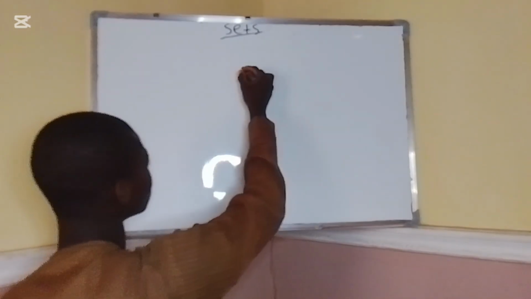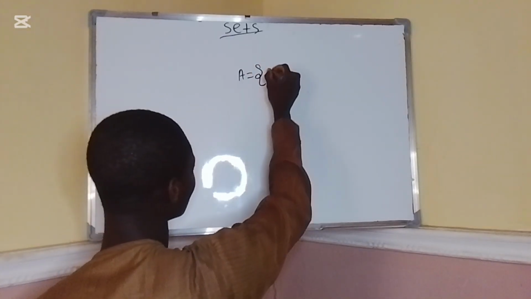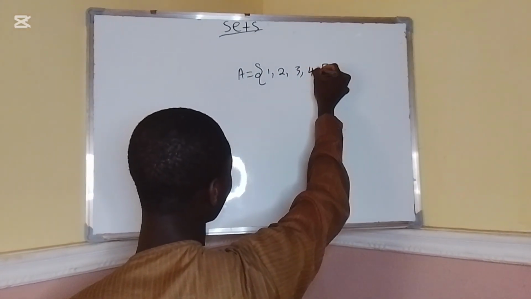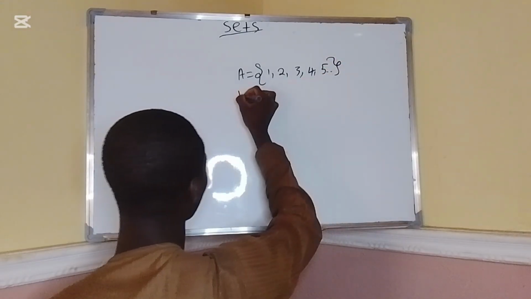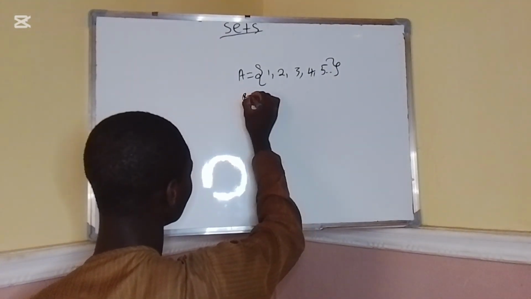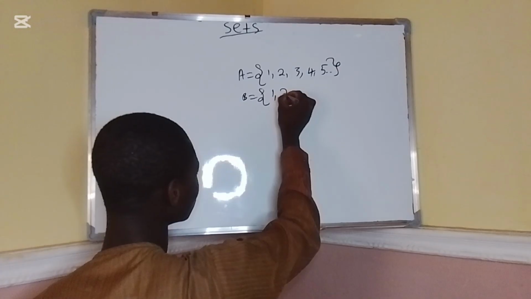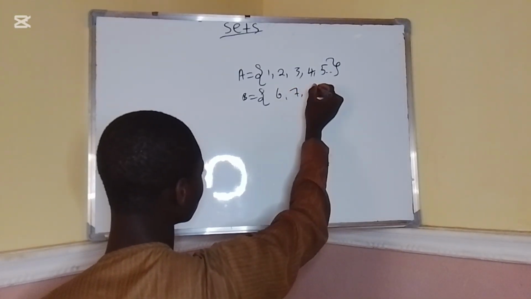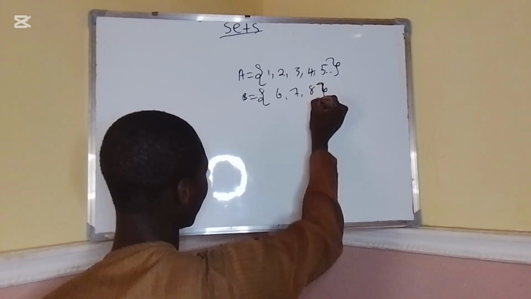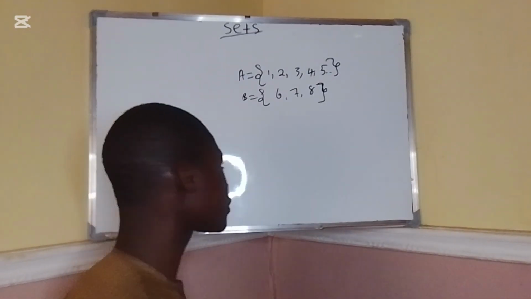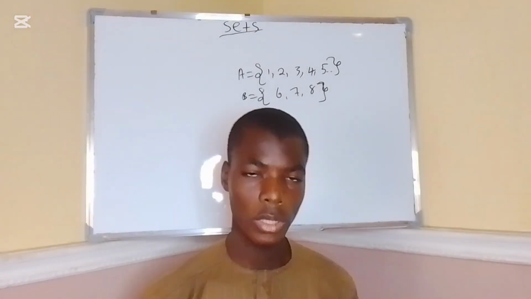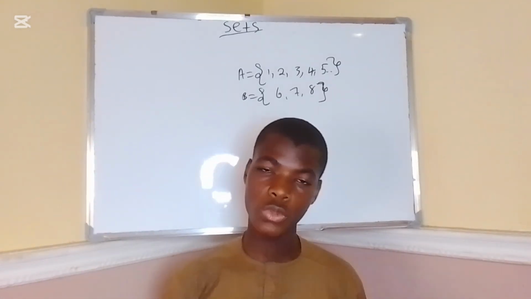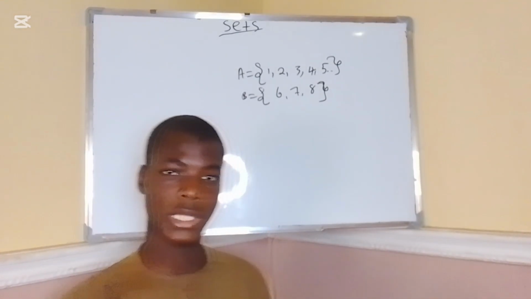Suppose I have A equals 1, 2, 3, 4, 5, and also I have set B equals 1, 2, sorry, 6, 7, and 8. So let me first show you what intersection and union are, so that you can understand much better how to know what an empty or null set is.